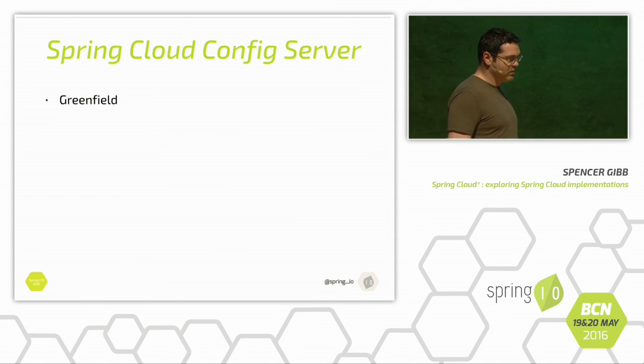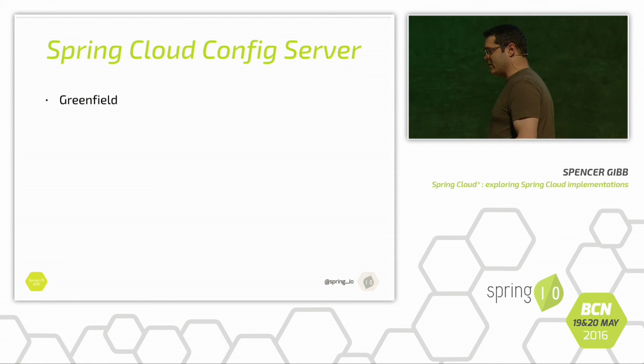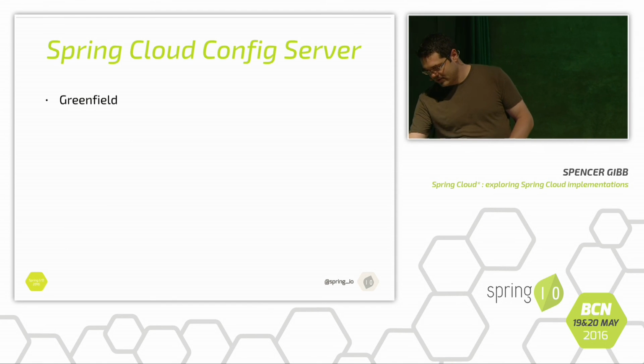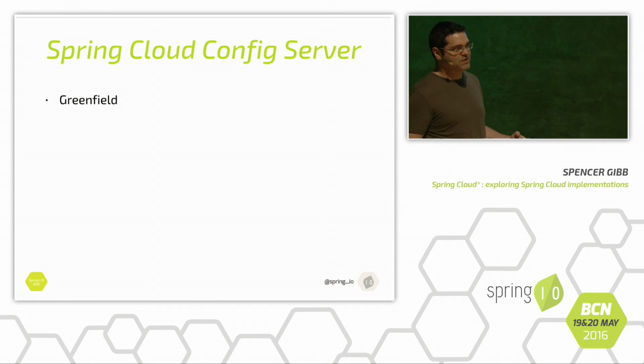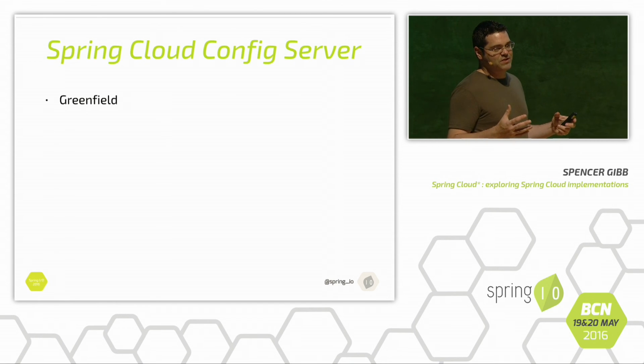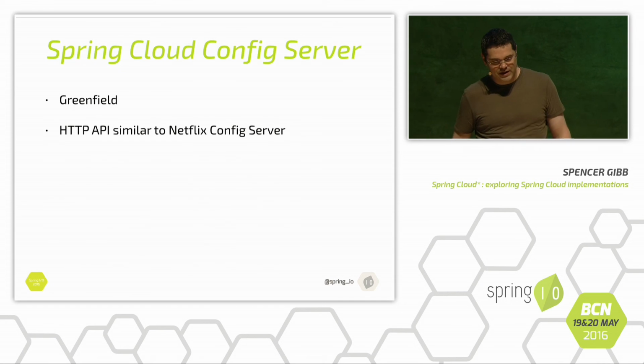So the first configuration system we're going to talk about today is Config Server. This is a greenfield application. When we first started Spring Cloud, we wanted to have this external configuration system, and we picked some of the Netflix stack to start with just because of its maturity. Well, they haven't open sourced their configuration server, so we had to build our own. It's a really, really simple HTTP API.